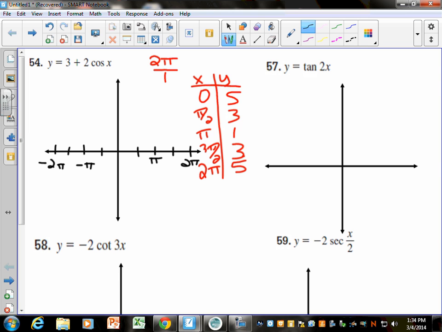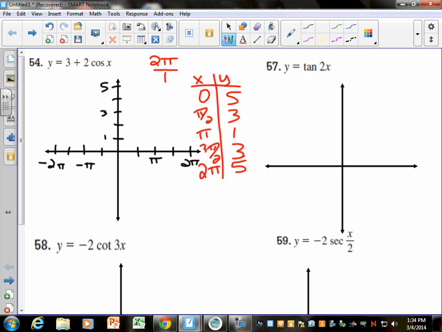And I really don't need any negative numbers on my y-axis, but I do need to go all the way up to 5. Show me something, whether you label every one of them, 1, 2, 3, 4, 5, or just label a couple of them. Some people in second hour like to do little brackets like the book does, like negative 2 pi to 2 pi bracket, comma, 0 to 5, or negative 5 to 5. I just usually label some points here.